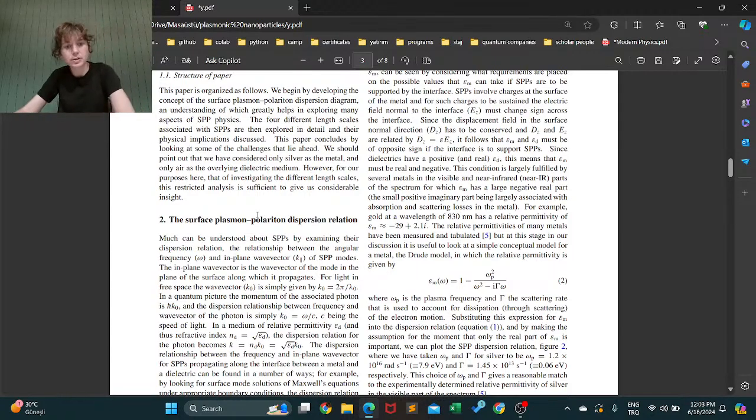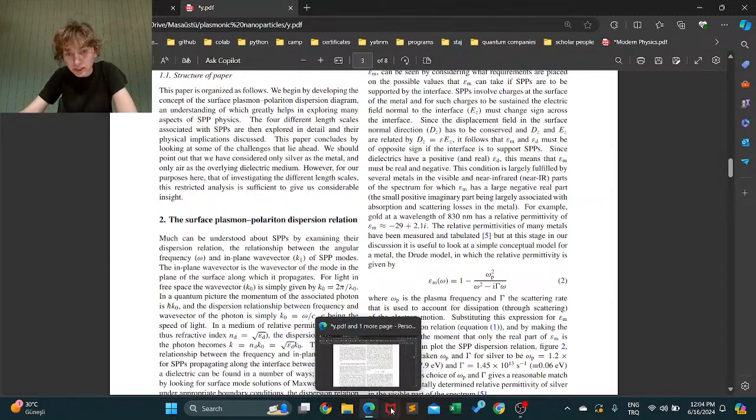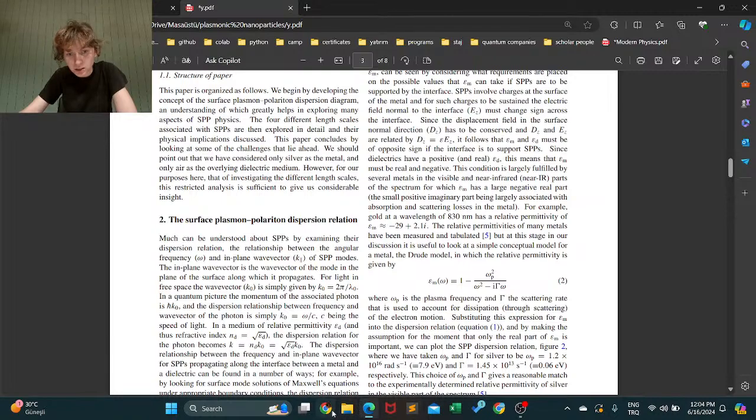Which can be understood by others who previously examined their special relation, the relation between angular frequency and in-plane wave vector. This is a parallel graph. You know what?